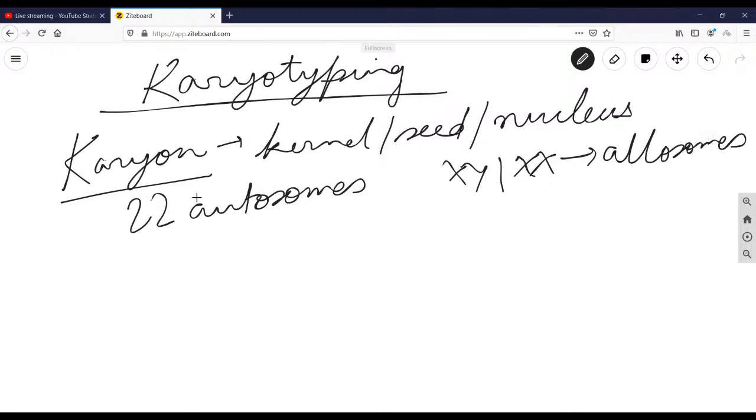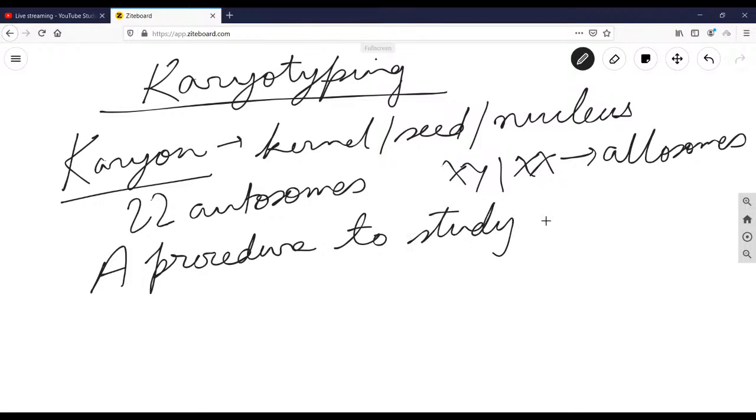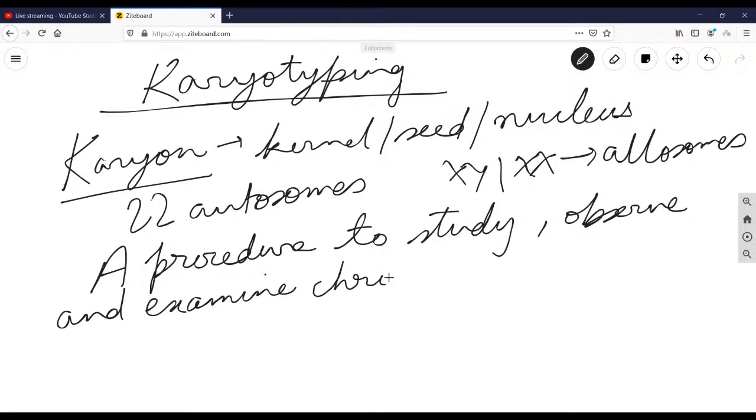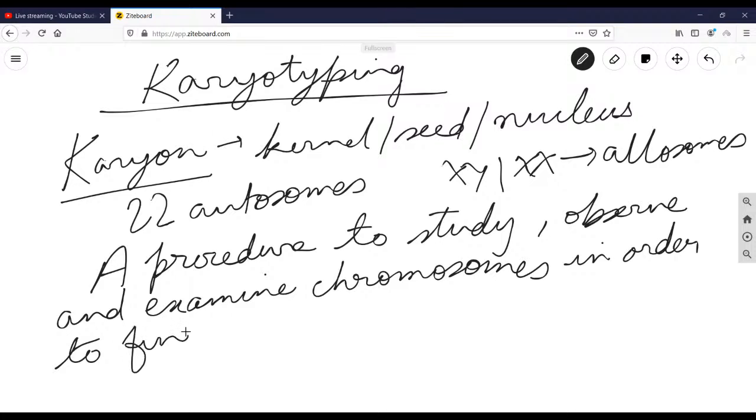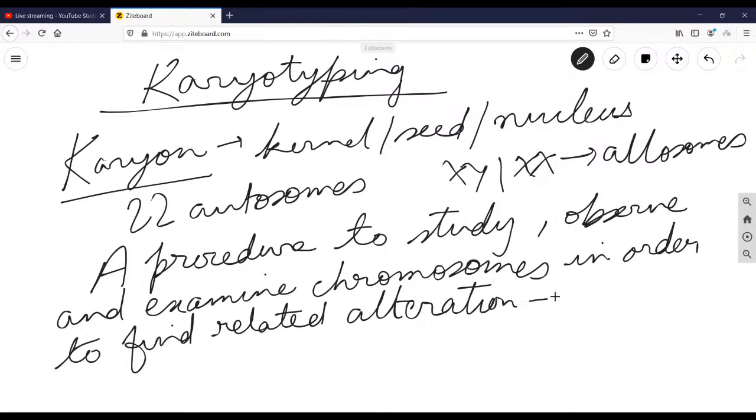So if you want to define what a karyotype is, a karyotype is a procedure to study, observe, and examine chromosomes in order to find related alterations, which is referred to as karyotyping.